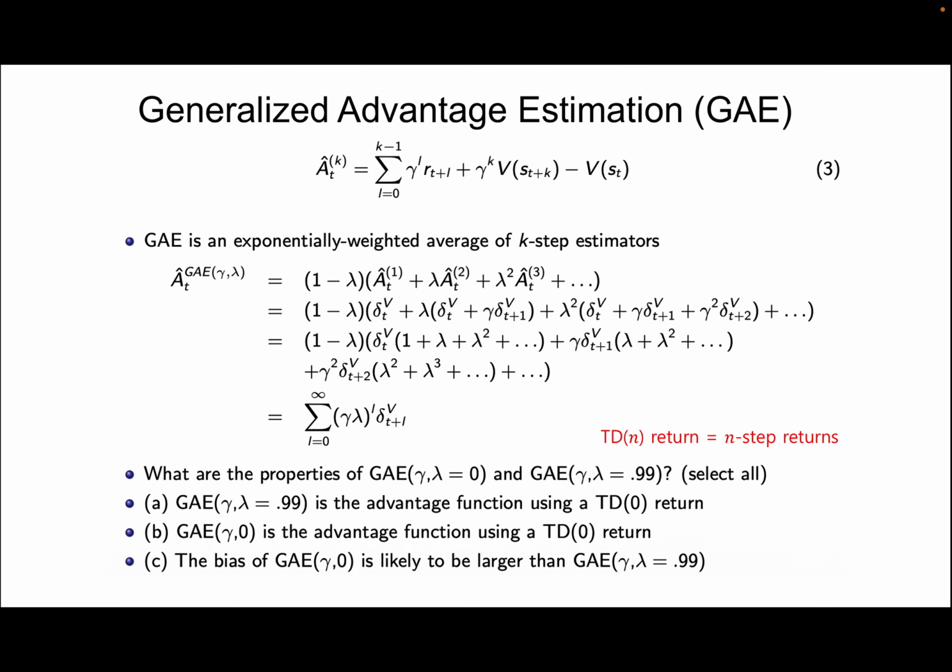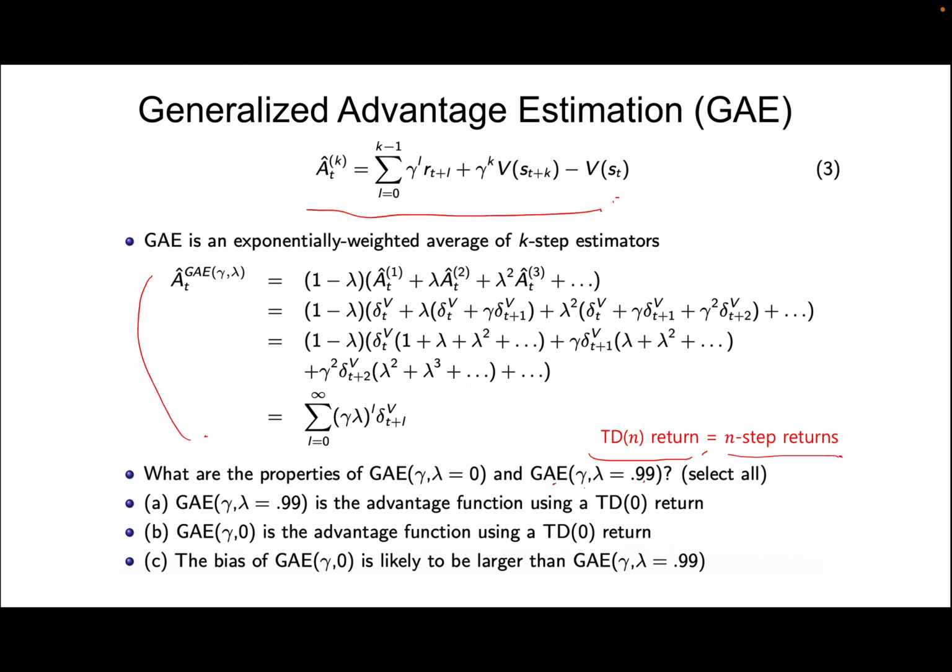And let's check your understanding. The definition of A_k is just the n-step estimator, and GAE is like this. What are the properties of GAE with gamma, lambda equals 0 and GAE with gamma, lambda equals 0.99? Which are true? For your reference, TD and return is the n-step return.